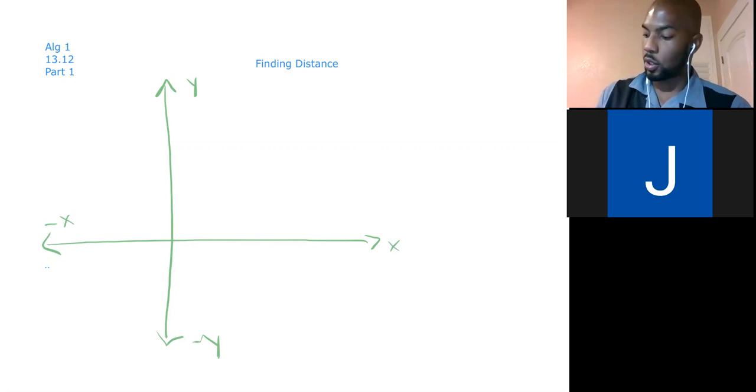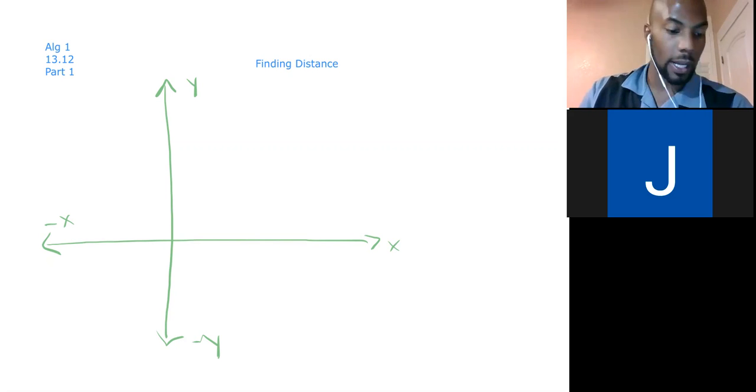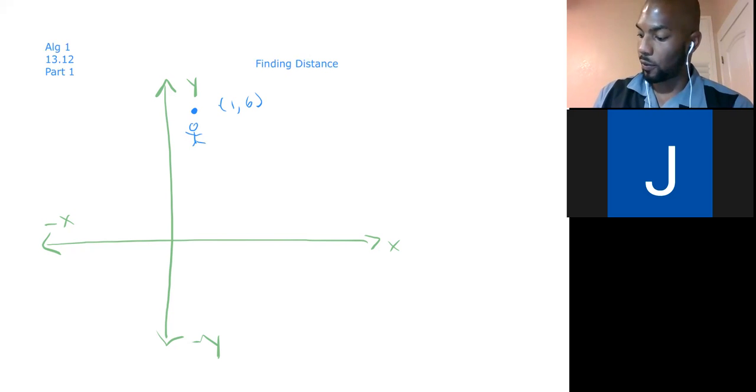And let's say that there were 2 points on the plane, and that's where you and your friend were. So the first point is at 1, 6 up here. That's where you are. And we'll draw you. There you go. And the next point, which is where your friend is at 4, 2.